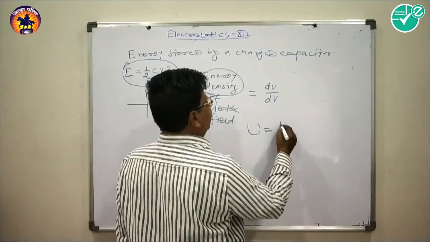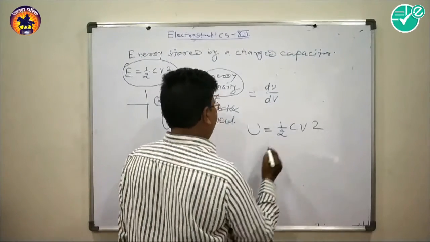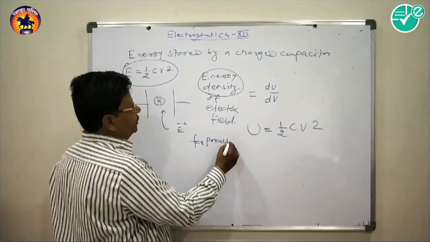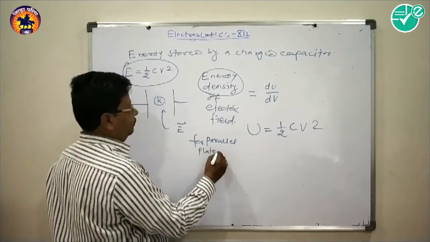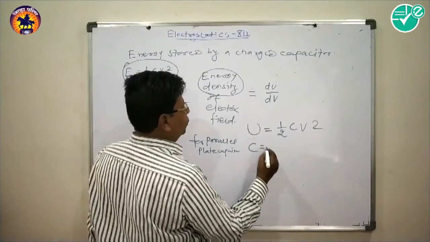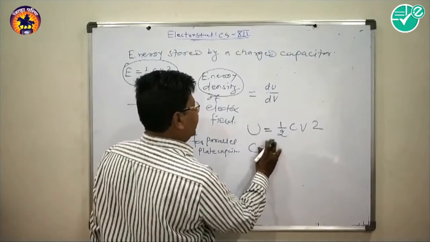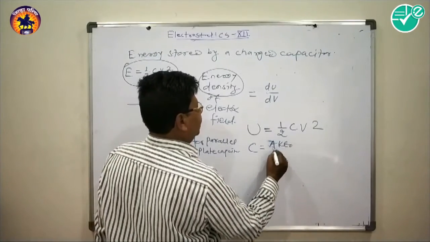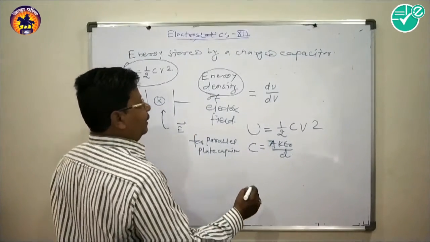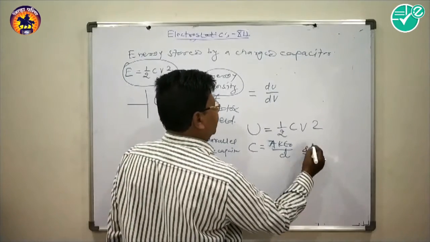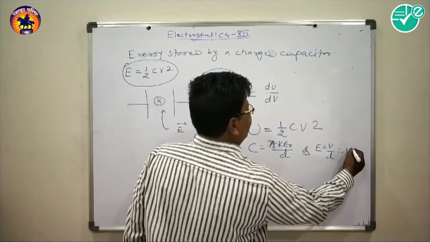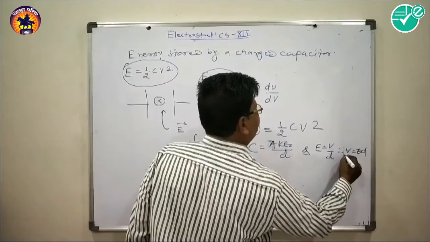So as U is equal to 1 by 2 CV square, for a parallel plate capacitor, the value of C is equal to A K epsilon 0 divided by D. And again we know that E is equal to V by D, and hence V is equal to E into D.